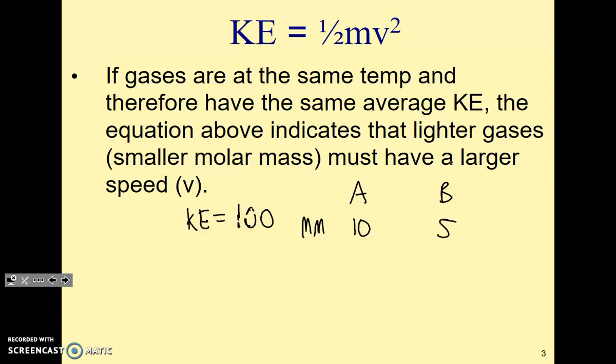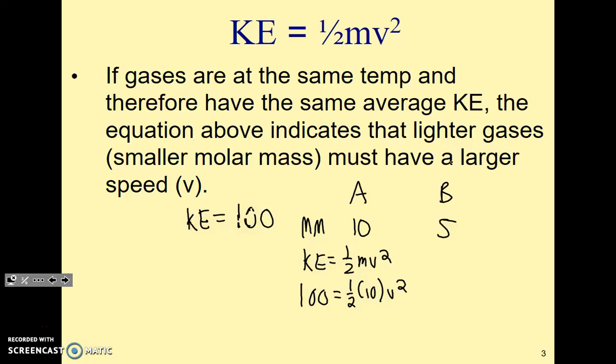For gas A, kinetic energy equals 1/2 mv squared. The kinetic energy is 100 and the mass is 10, and we need to solve for v squared.